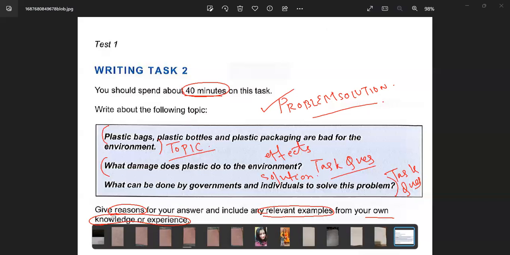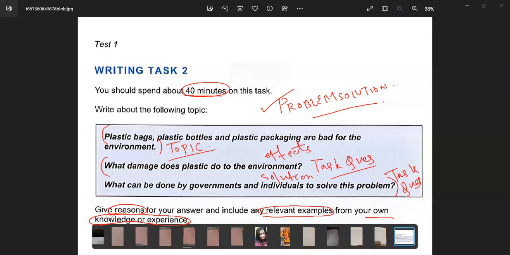Basically, it is asking, let's talk about the topic it has given. We have to provide relevant examples of how celebrities come forward to encourage people, teaching them how plastic is dangerous to society.